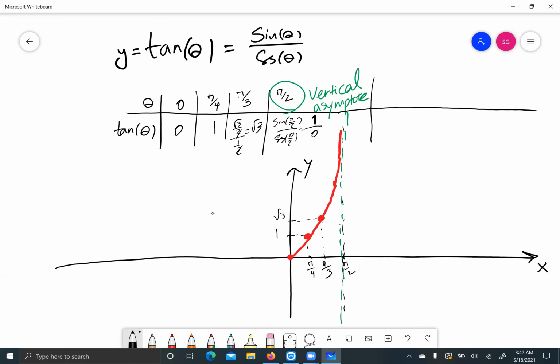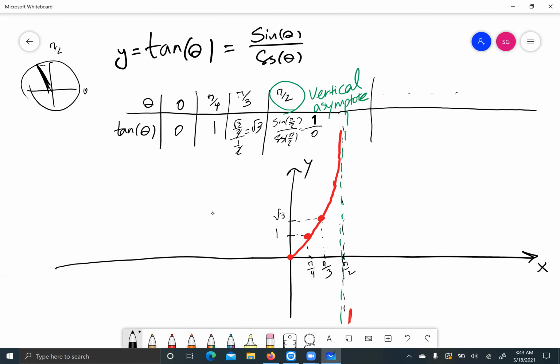So maybe I go further. For example, after pi over 2, you can try more values to see that suddenly the values are very negative. The reason is in the unit circle: here is 0, here is pi over 2, and after pi over 2 is somewhere like here.